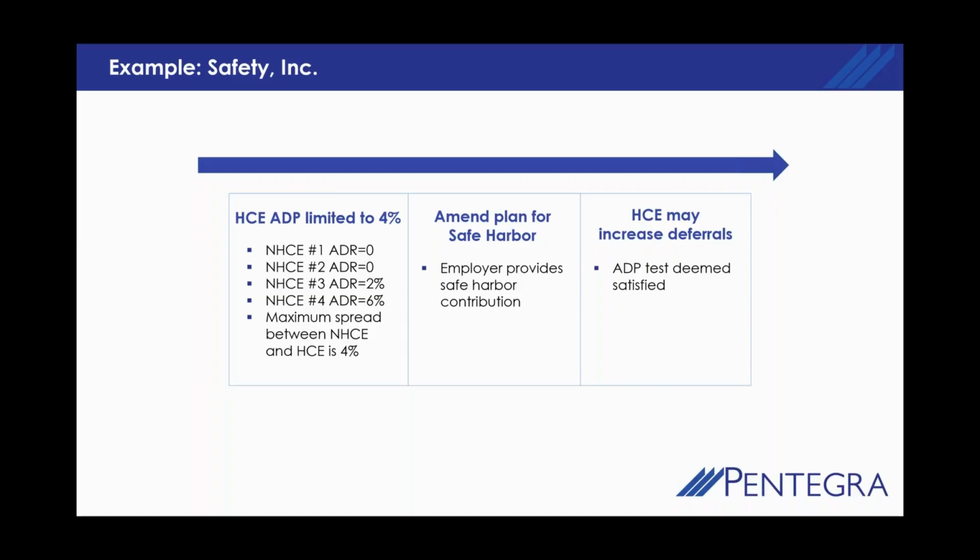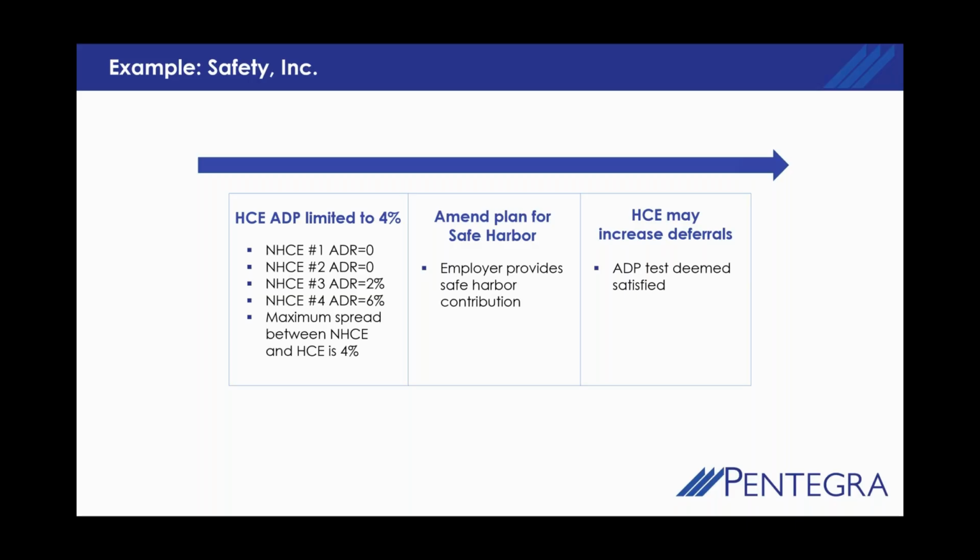So it becomes an average for the group. We have 8% being deferred by the employees, and we take the average of that. So that's going to limit the maximum highly compensated deferral to 4% of pay. So you can imagine if you have a highly compensated employee trying to maximize their deferrals, that's going to be a very small amount that they're able to do.